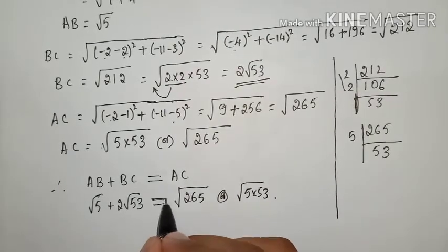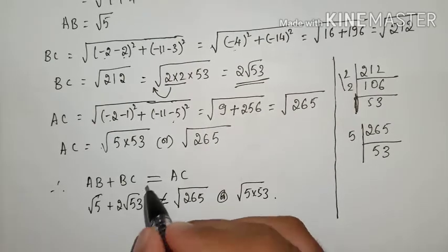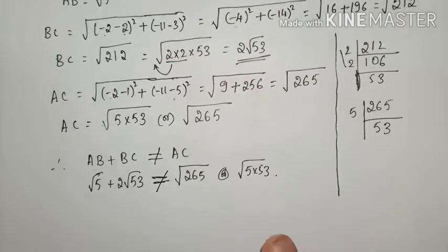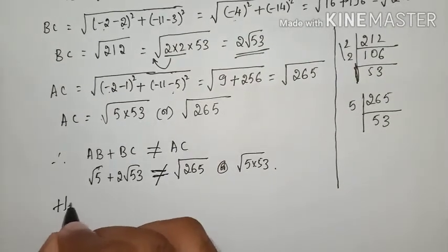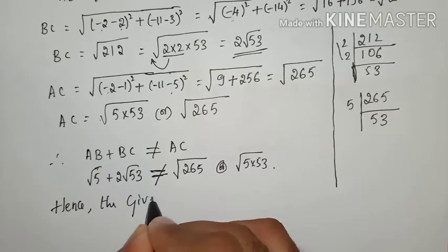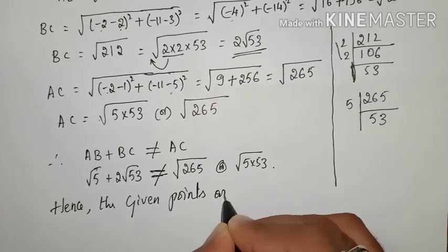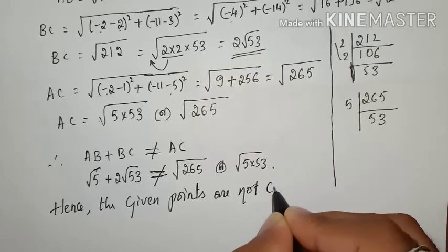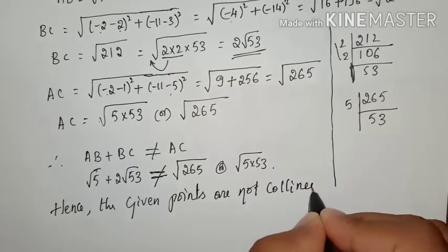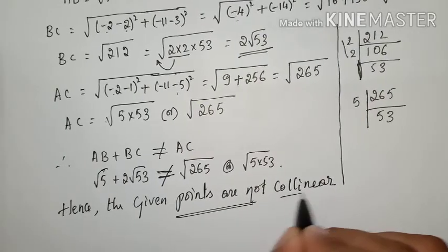No, not equal. So these two are not equal. So 100% I can easily say that. Hence the given points are not collinear. Is it clear? Okay, you must remember this one.